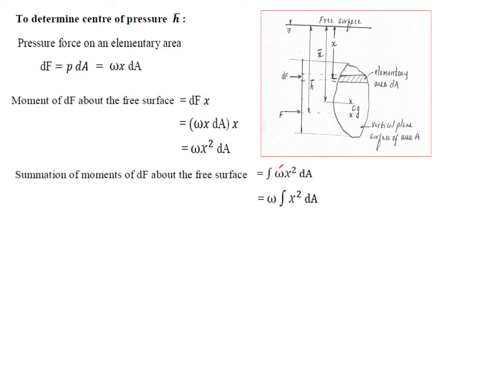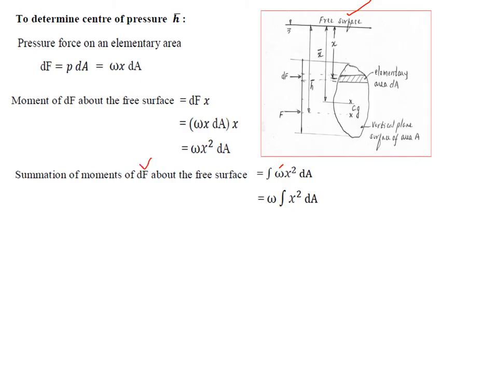Now, as in the previous case, you know that dA into x is the first moment of area, but if you multiply by one more x, it becomes the second moment of area. This integral will give you the summation of second moment of areas, where the moment is taken about the free surface. So you will get the summation of moments of all the forces about the free surface.